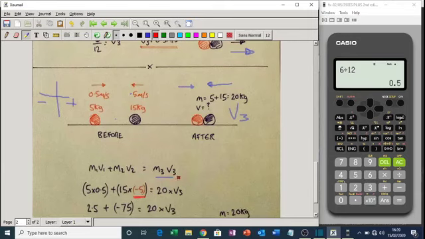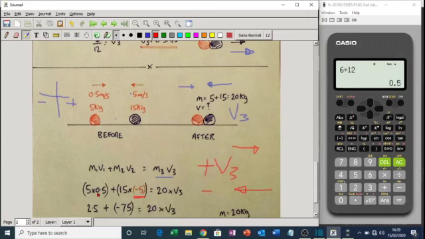That's going to equal M3V3. We know M3, it's 20 kilograms times by V3. So as before, we'll work this out. We'll divide it by 20 and see what we get. If we get a positive number for V3, we know it's going this way. We might get a negative number for V3, which means it's going that way.